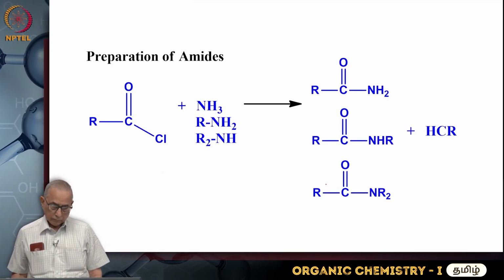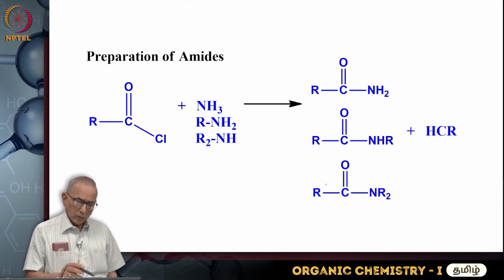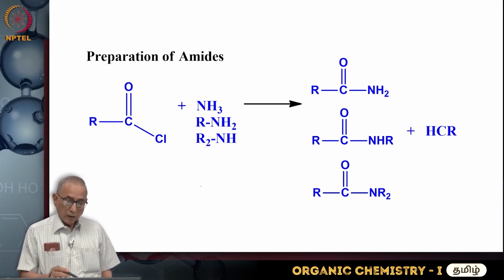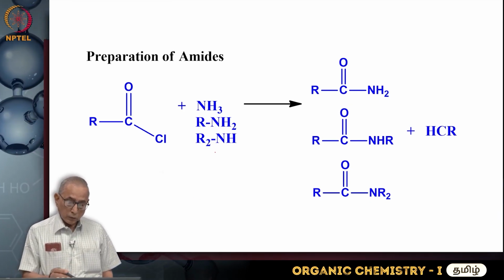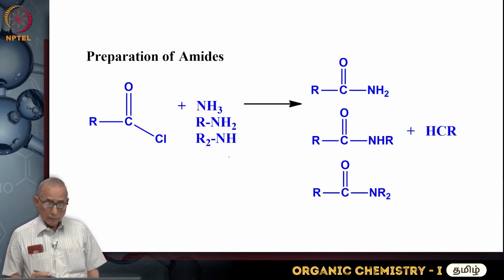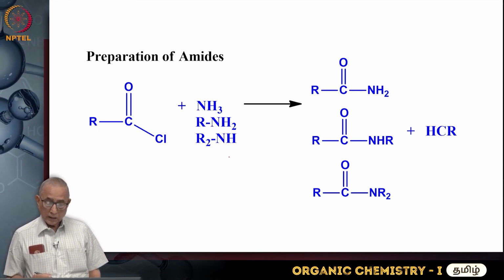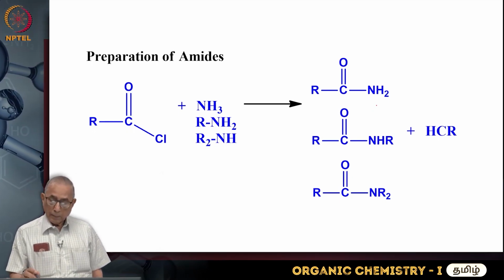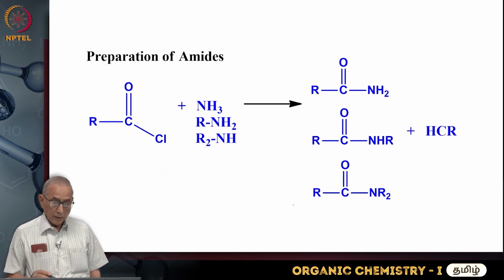Amides are COCl plus NH3 or RNH2 or R2NH. The amides are prepared from ammonia, primary amine and secondary amine. Ammonia ஓட react பண்ணுறபோது primary amide will be formed.